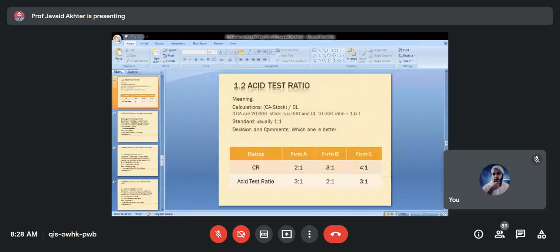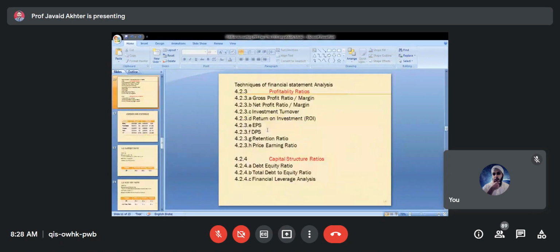This is the slide from which I am taking, that is up to 4.2.3 I have done. This 4 is referring to the major classification of ratios, 2 is referring to the groups, and something like that. So you have capital structure ratios, in which we will be discussing 3 ratios: A, B, C. Debt equity ratio, total debt to equity ratio, and financial leverage.